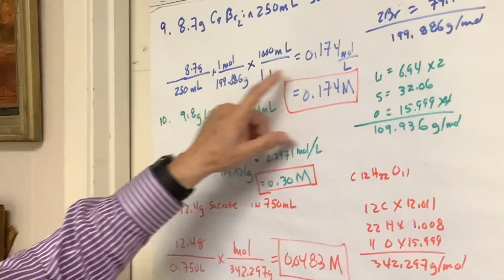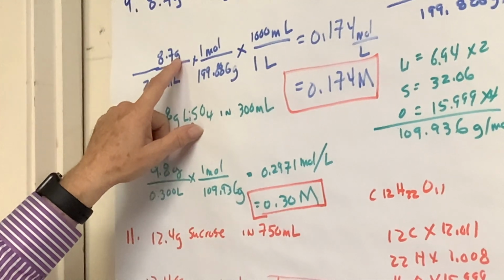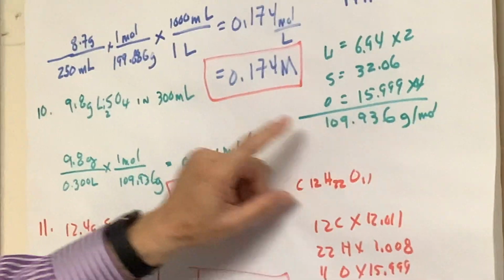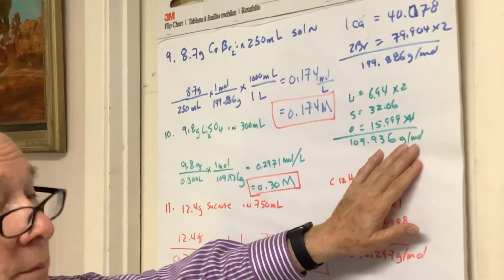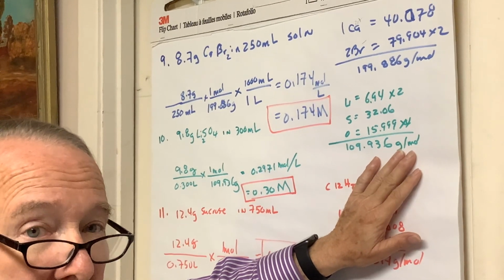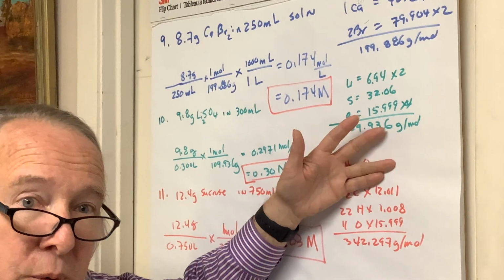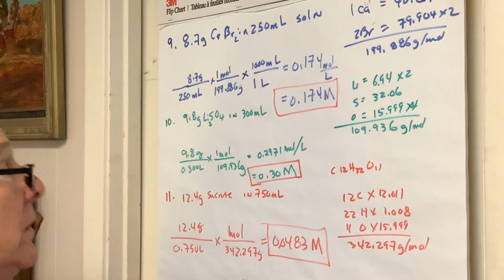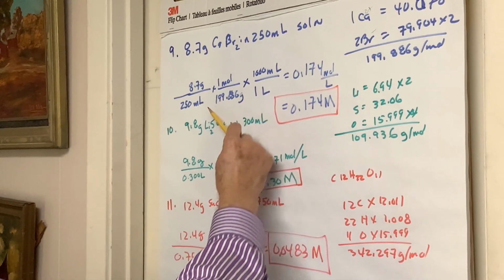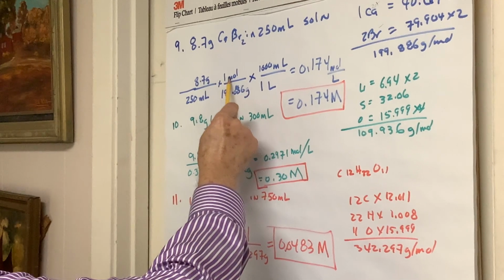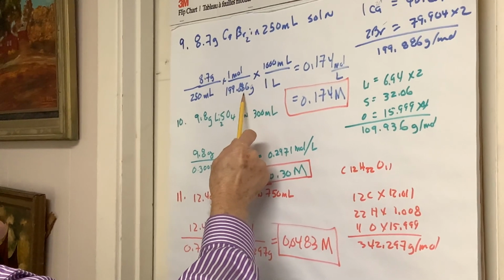I want this answer in moles per liter, so I need to get rid of the grams. The thing that gets rid of grams is my molar mass. Instead of writing 199.886 grams per 1 mole, which is called an equivalency, where each of those is equal to the other, I flip it and write 1 mole per 199.886 grams.